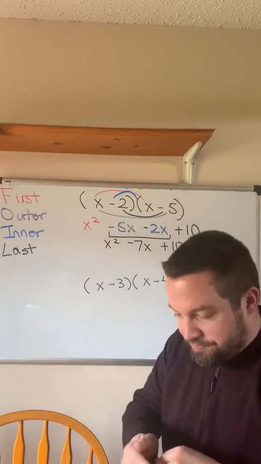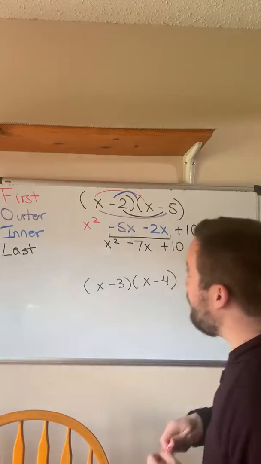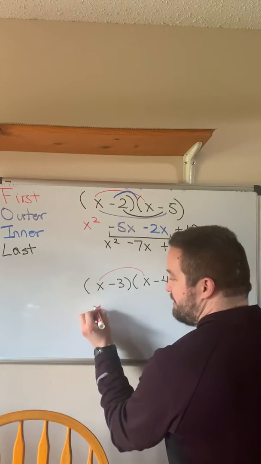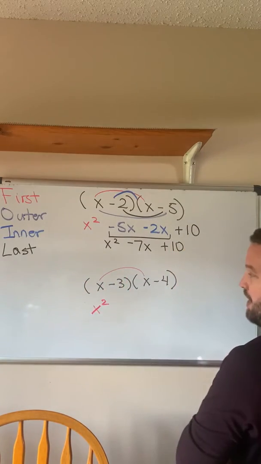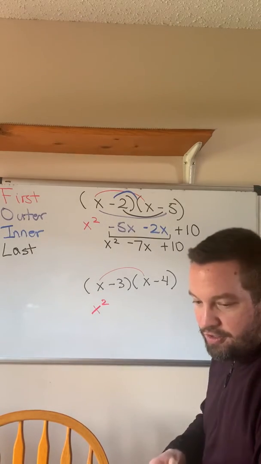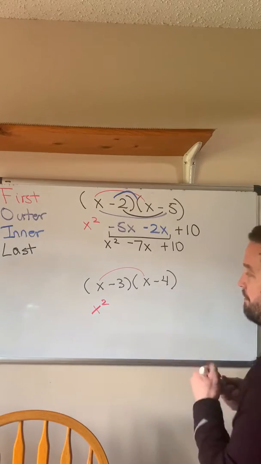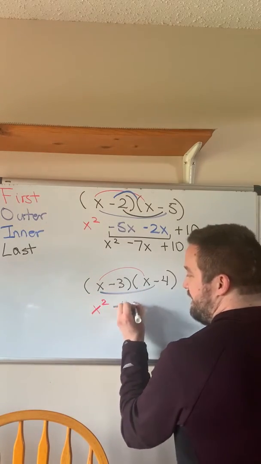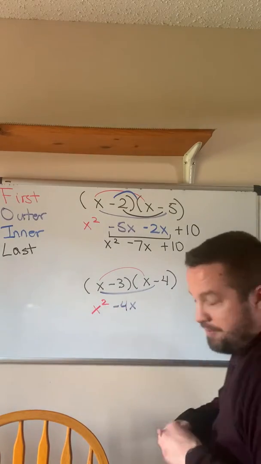Okay, let's try it again. First terms again: x times x is x squared. Now I go to my outside terms. That's x times negative 4, a negative 4x.